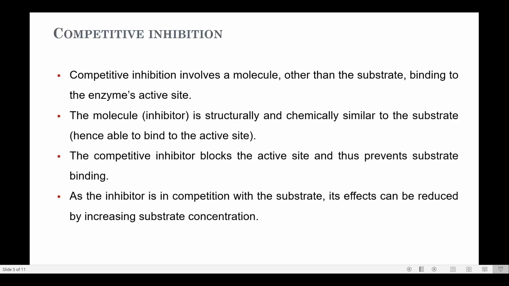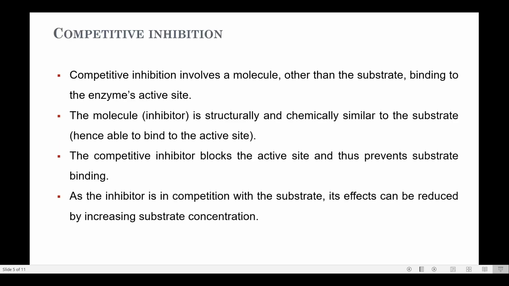This inhibition can take place by different mechanisms, which can be competitive inhibition, non-competitive inhibition, or uncompetitive inhibition. Whatever may be the case, it can happen in these three mechanisms.